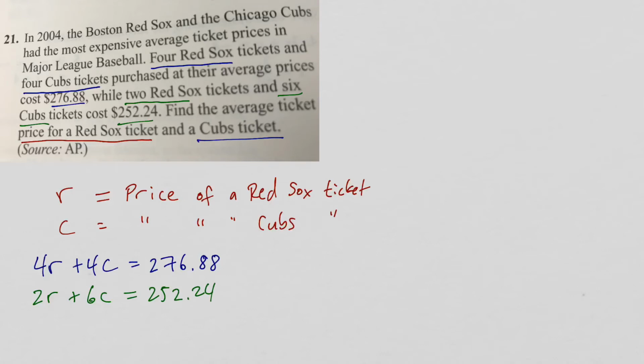Okay, I'm going to use elimination, so I'm going to multiply this equation by -2 so that I can get rid of my r's, and I get -4r minus 12c is equal to, well, let's use a calculator, 252.24 times 2 is a negative 504.48. And I'll leave this one alone.